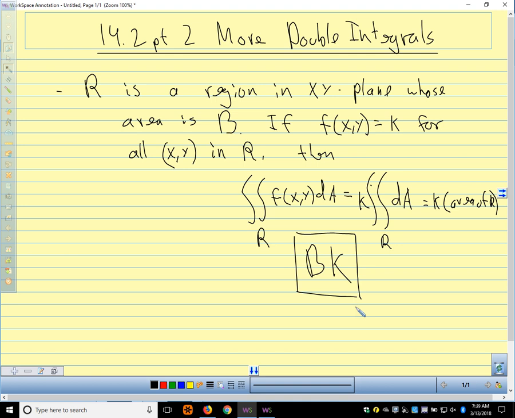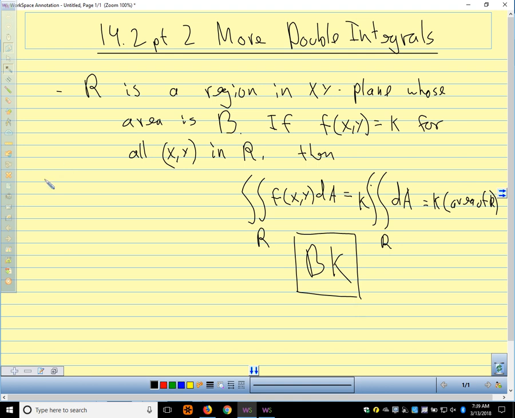So what is f of x y equals k? What kind of surface would that be? Z equals k. It's just a plane parallel to the xy plane, k units above the xy plane.